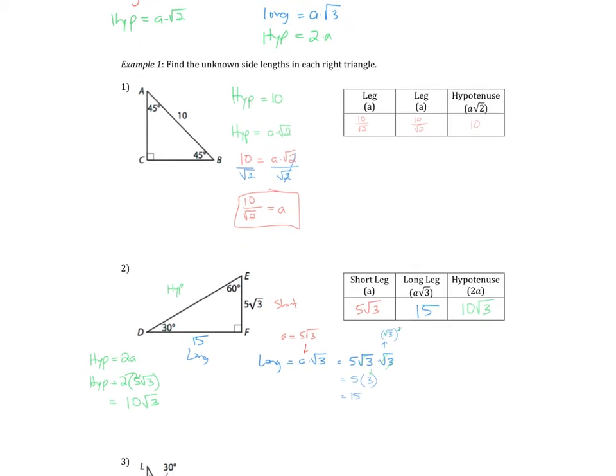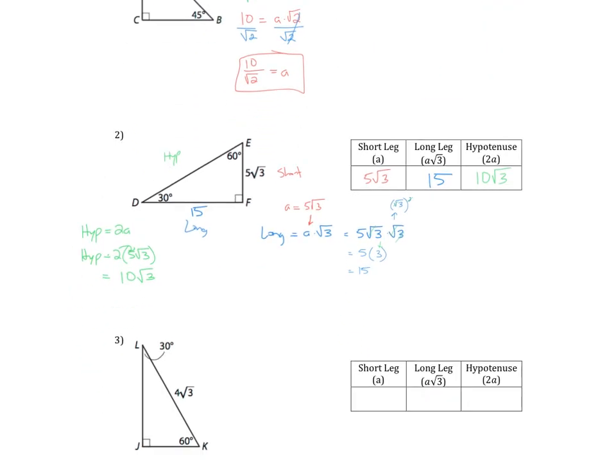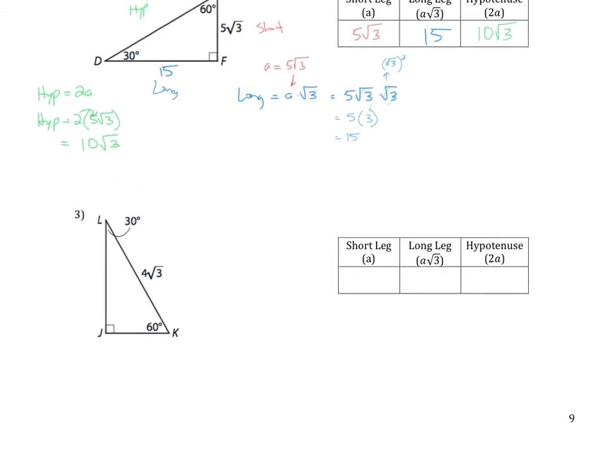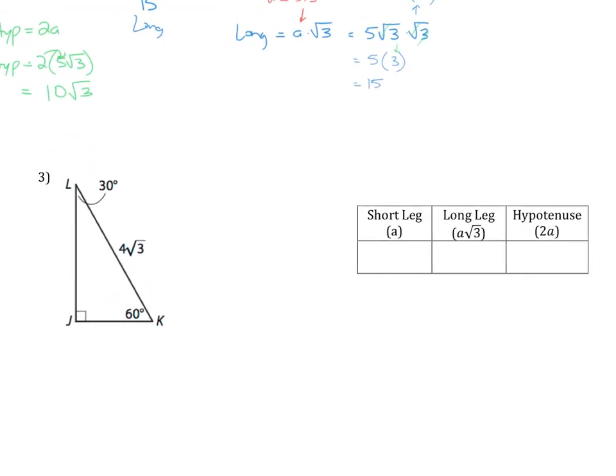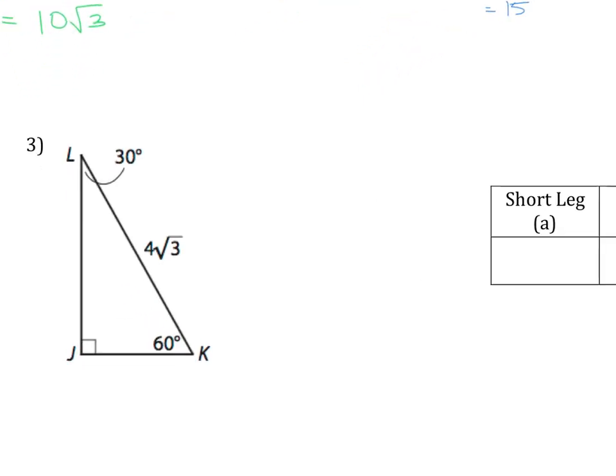Okay. I'll do one more with you here, and then I'll let you finish up the last couple examples on the next page. Number 3, again, we have a 30, 60, 90 triangle. This time you should recognize that what they give you is the hypotenuse. Our short side is down on the bottom. Our long side is on the left. And so our hypotenuse is 2a.